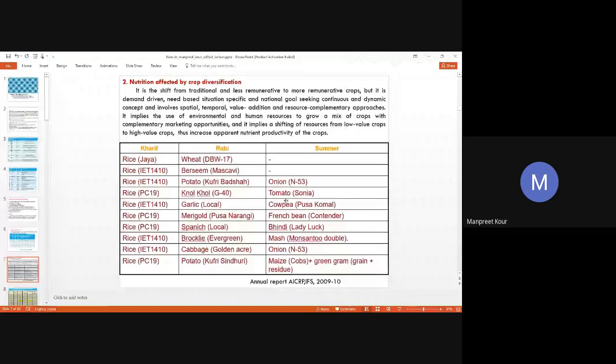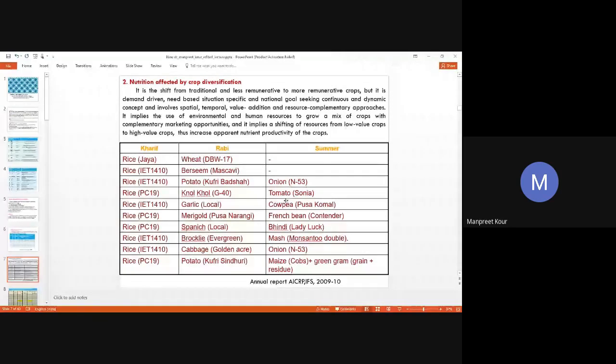Because the choice of crop has to be made very judiciously, because in our Indo-Gangetic plains where we are living, the predominant cropping system is rice and wheat, and it is putting a lot of pressure on our resources, on fertilizer, etc. Crop diversification is an important way to mitigate these problems of fertilizer losses and also to restore the soil with restorative crops, because rice-wheat is an exhaustive system, and it is the prevailing system.